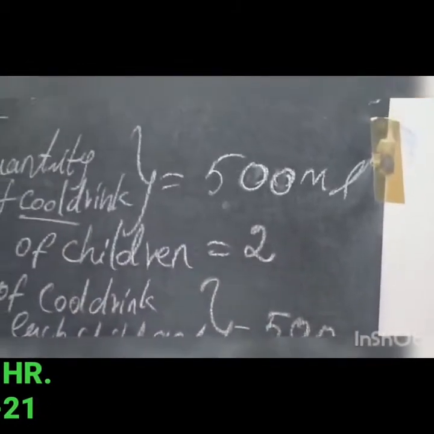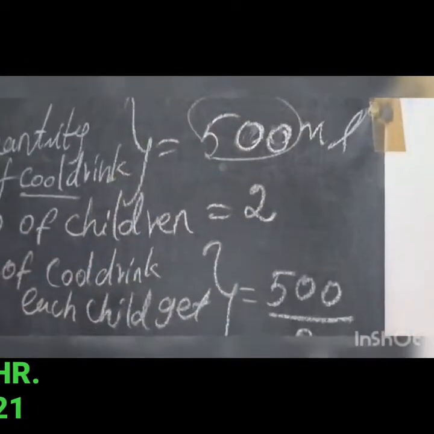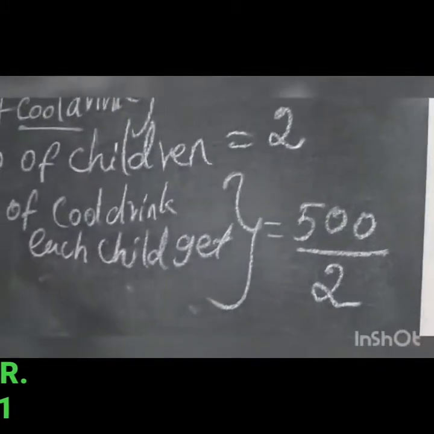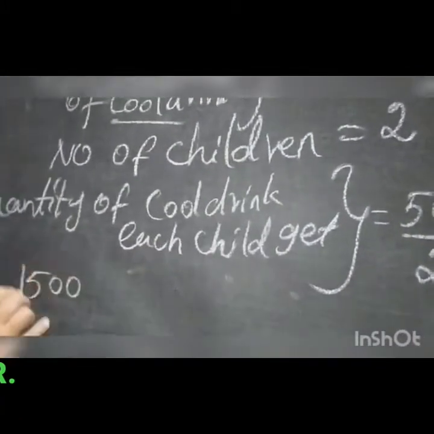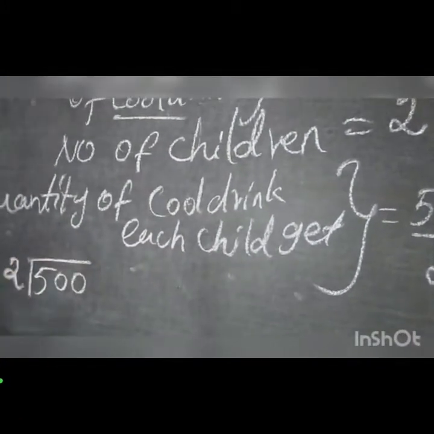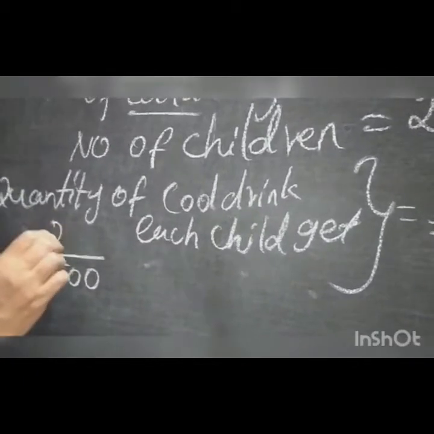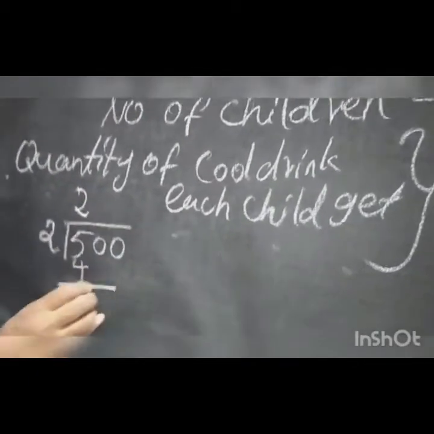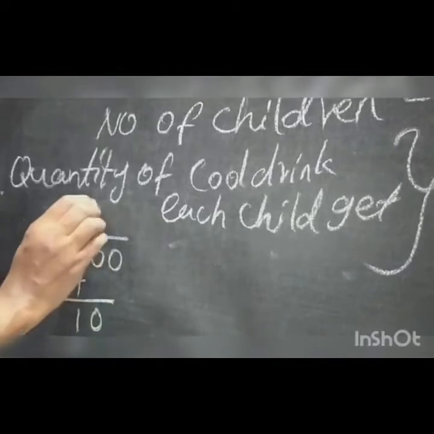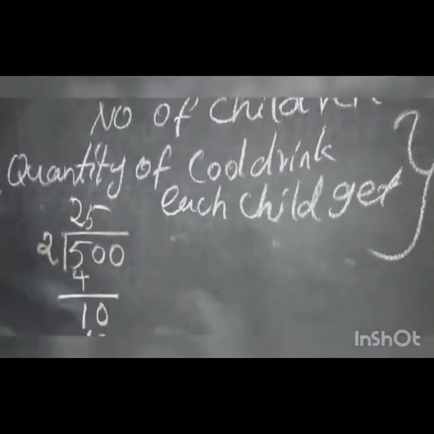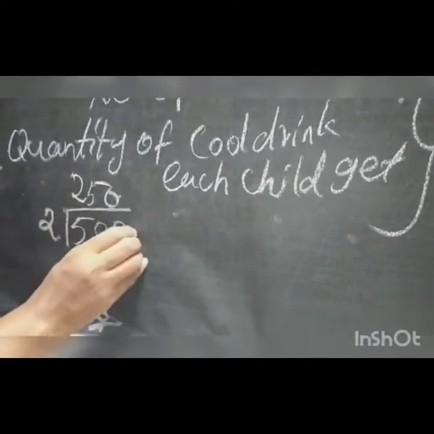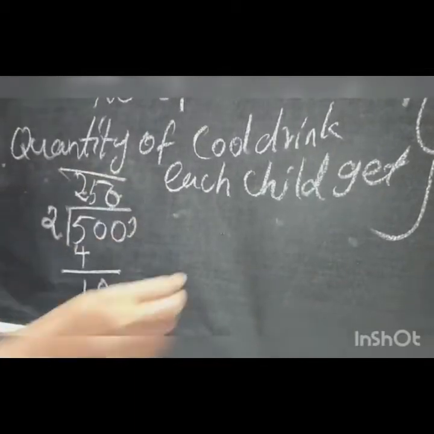So you have to split. You can divide this total into two equal parts. As usual, 500 divided by 2: 2 times 2 is 4, 1, 10, 5 times 10, so this 0 comes to the quotient, so 250.